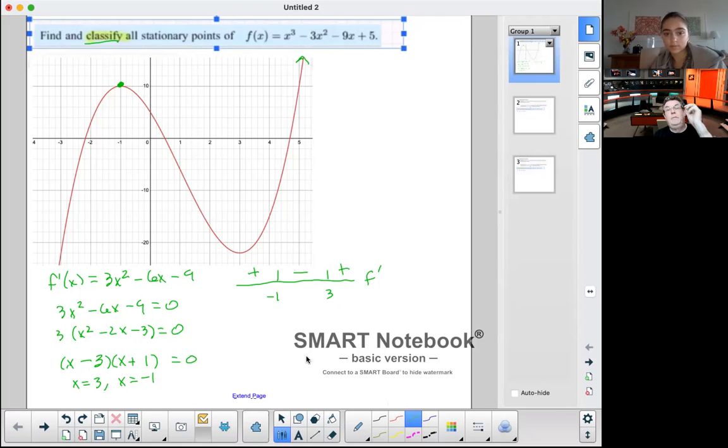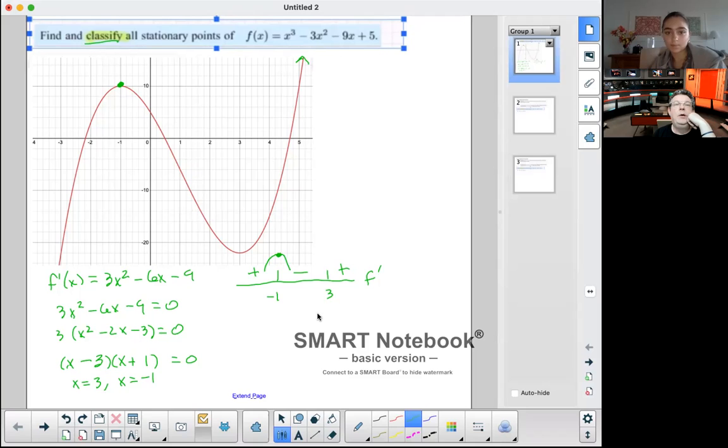So this tells us a lot of things here, but we'll talk about the stationary points. First, this tells us that the graph to the left of -1 is increasing, then it equals 0, and then it decreases, which means we have to have a local maximum there.